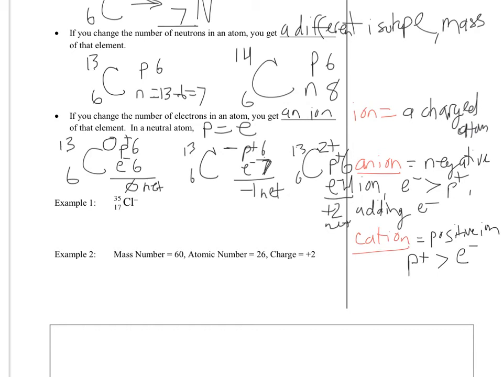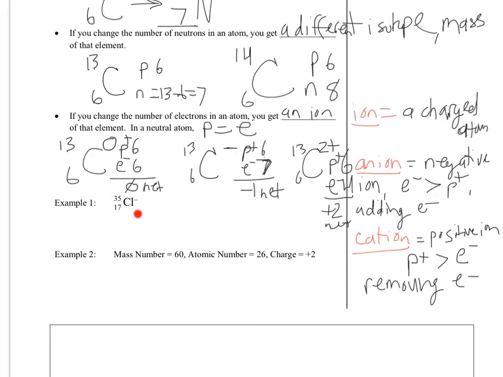And you get that not by adding protons, but by removing electrons. Okay? So that's where the charge comes from. That's where we get ions, cations, and anions. I'm going to underline ion here just because I had everything else underlined. Okay, so a couple of examples of changing the number of subatomic particles.